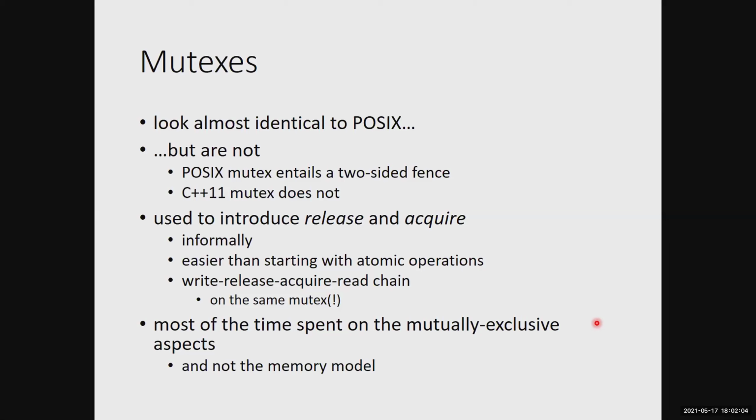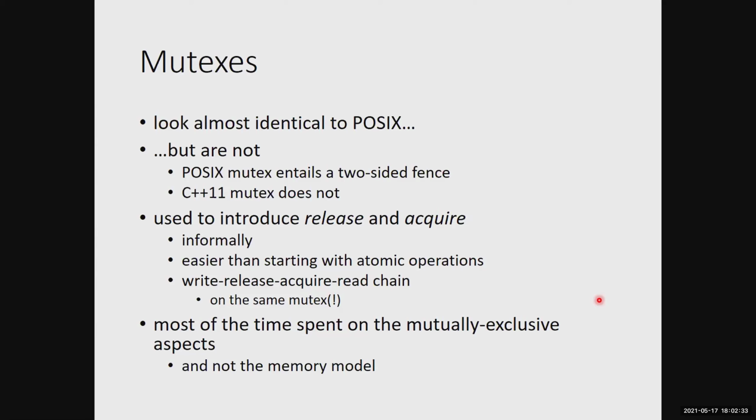But it's quite easy to explain with mutexes, that you have this chain of write, release, acquire, and read, where the read is guaranteed to see what was written. So the mutex is actually quite a good point where we can start showing the students how to use the memory model to properly ensure that the changes become visible when they want them to.